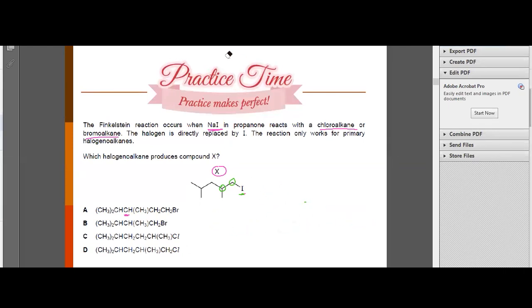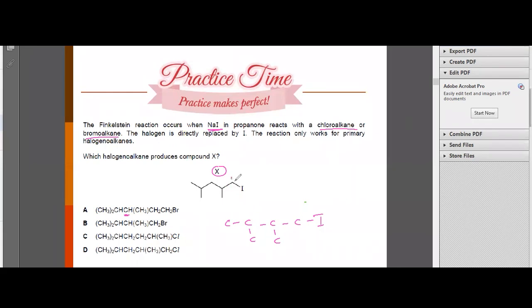But B, (CH3)2CH, CH, CH3, CH2, I, because Br is replaced by I. But you can see that the number of carbon is less compared to X, right?